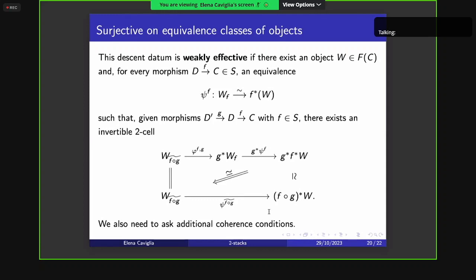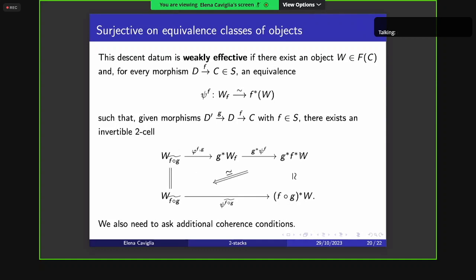Considering the surjectivity on equivalence classes of objects, we get what it means to be weakly effective. This means that there exists an object W in f of C, and for every morphism in the sieve, an equivalence between WF and F star of W, such that given morphisms F and G, we can find an invertible two cell like this.